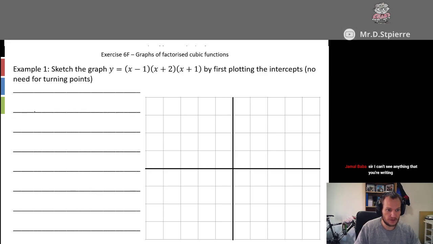It follows that y is equal to (0 minus 1)(0 plus 2)(0 plus 1), which equals -1 times 2 is -2, times 1 is still -2. So we now have our y-intercept at (0, -2), which is down here. Now we can start connecting the dots.